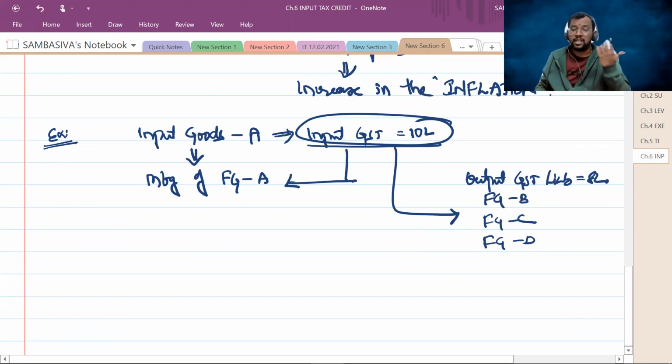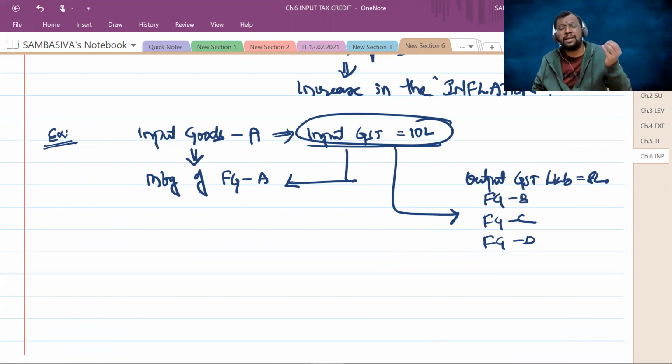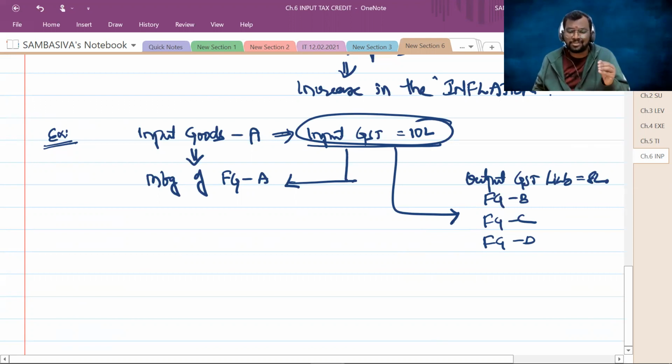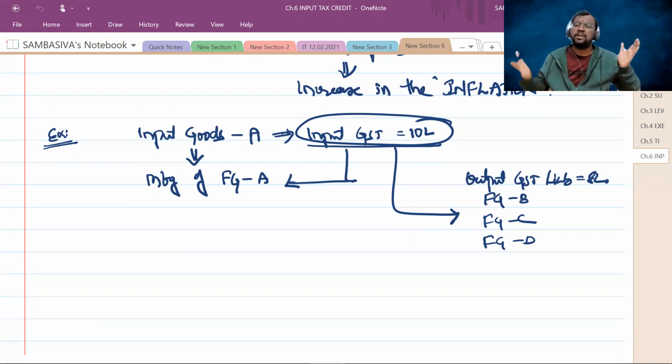No, sir, this input goods A I have utilized only in the manufacturing of finished goods A. So therefore, I should utilize this input tax credit of 10 lakhs only for the output tax liability of finished goods A. No requirement. No one-to-one relationship. Any input tax credit can be used for any output tax liability. Are you following, sir?